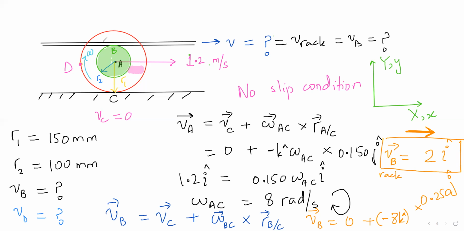You could have said VB equal to VC plus something, or VB equal to VA plus, where VA equal to VC plus, sky is the limit. Your take home task is you need to give me next time VD, which is the point sitting here to the left. Yes, no?